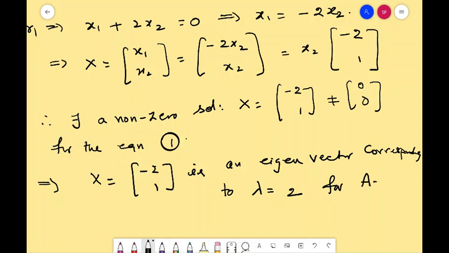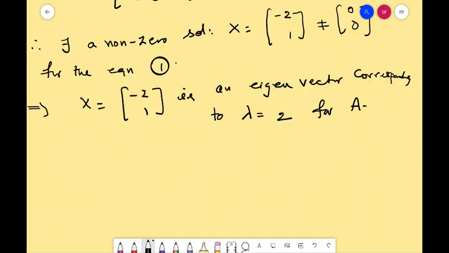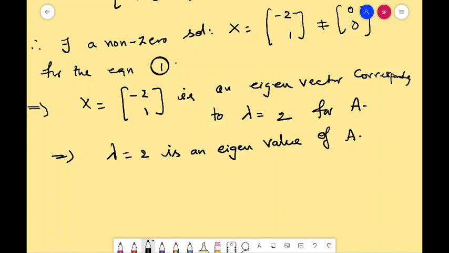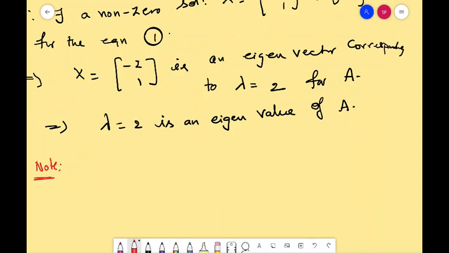So since an eigenvector exists, lambda is equal to 2 is an eigenvalue of A. And here I can give a note. We are saying x is equal to x2 into minus 2, 1. Suppose it is k into minus 2, 1.